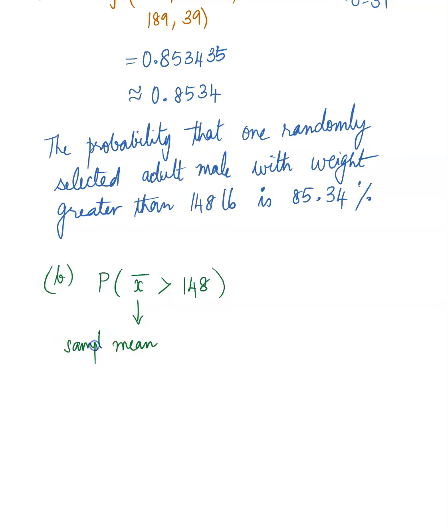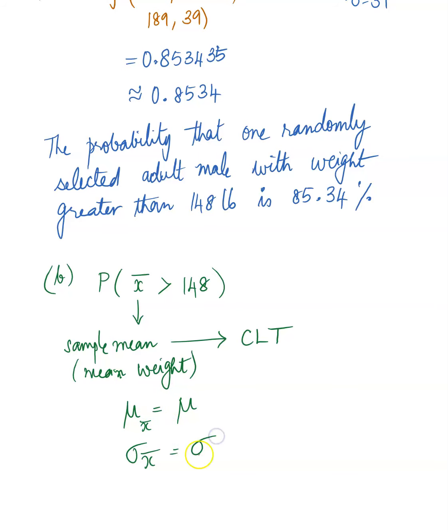In this case, it was mean weight. And you know that means it triggers CLT. What does that mean? That means mu x bar will be mu, and sigma x bar will be not just ordinary sigma, but sigma over root n. So we have to make those calculations as well.